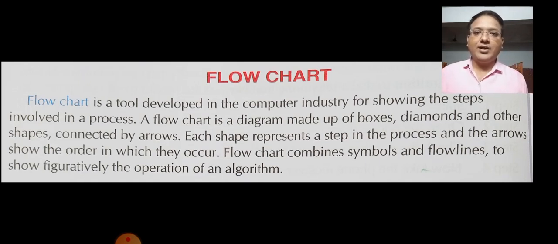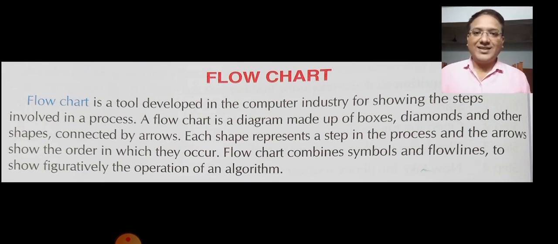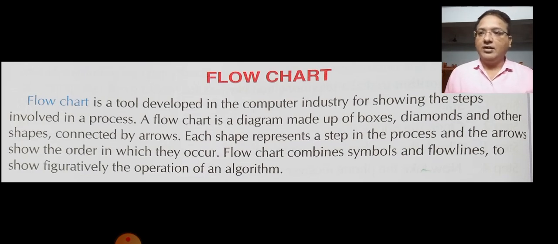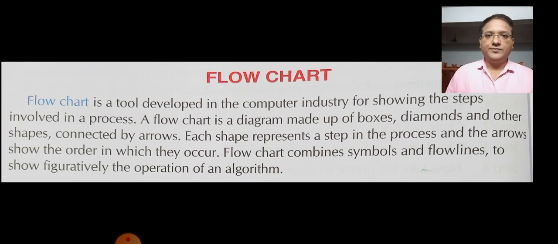So a flowchart is a tool developed in the computer industry for showing the steps involved in a process. A flowchart is a diagram made up of boxes, diamonds and other shapes connected by arrows. Each shape represents a step in the process and the arrows show the order in which they occur.